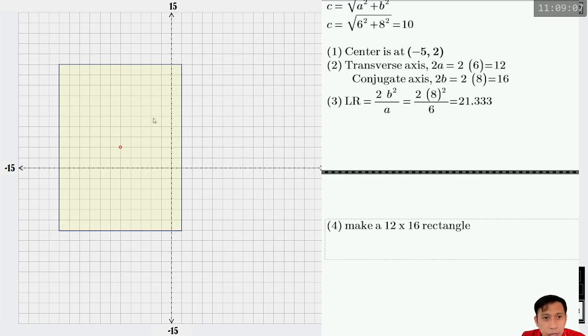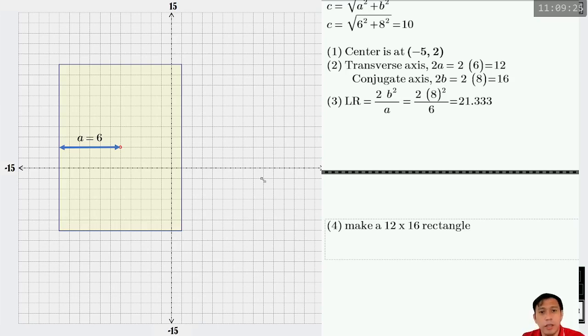This must be the transverse axis, which is equal to 12. Is that clear?